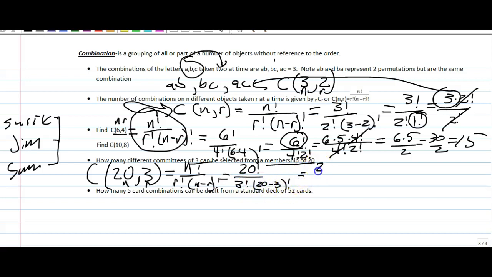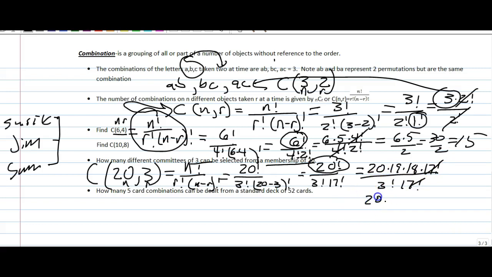So simplifying, this is 20 factorial over 3 factorial times 17 factorial. So I'm beginning the factorialization of the largest number until I get something that will cancel downstairs. So this is 20 times 19 times 18 times 17 factorial. So now I can cancel the 17 factorials.